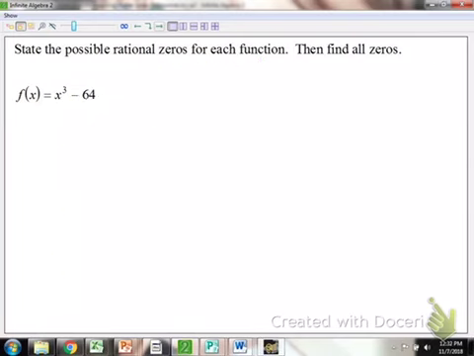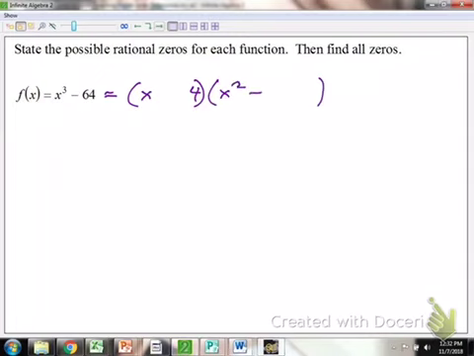Okay, next example, x cubed minus 64. Now, this one is actually a little easier than the previous problems, because if we remember back to our factoring skills, this will factor. This is cubes. So the cube root of x cubed is x. The cube root of 64 is 4.